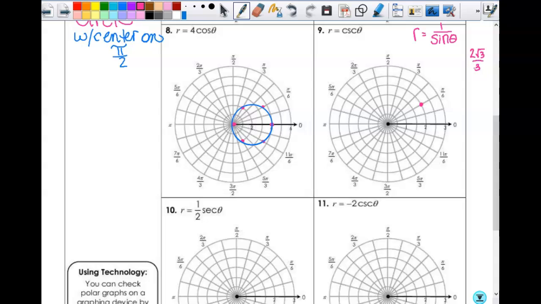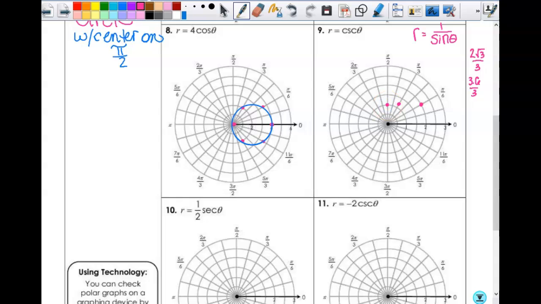The square root of 3 is about 1.8, so 2 times 1.8 is 3.6, and 3.6 divided by 3 is 1.2. So I'm going to go to about 1.2. Then what's the sine of pi halves? 1. What's the reciprocal of 1? 1.